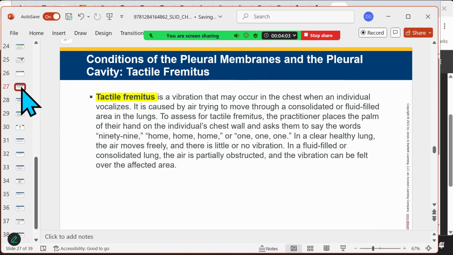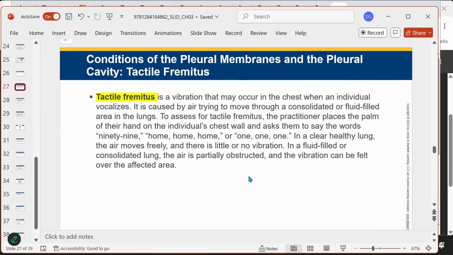All right, tactile fremitus is the vibration when the patient speaks. So we have them say something. I have them say 99. I don't know exactly why we picked 99, but we did. And when you say that, there's little vibration that comes through the chest as you feel it. However, if there is a consolidation, let's see if that word would be here. There we go.